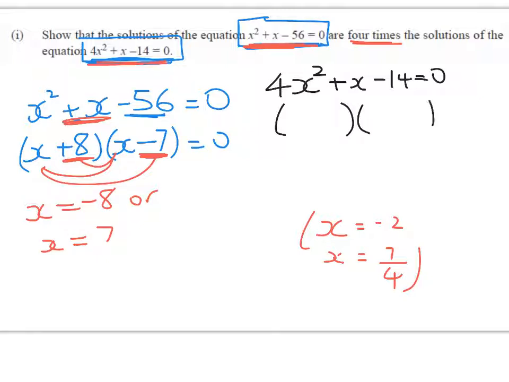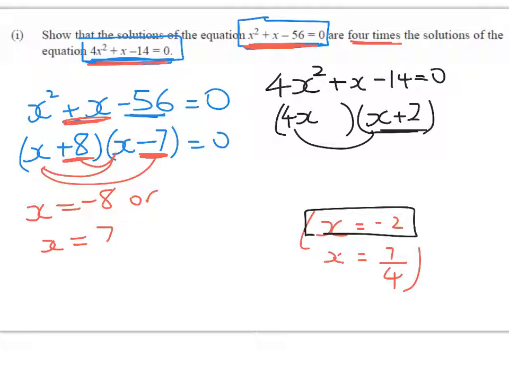Let's see. Well, we know that if one of the solutions is x equals negative 2, then the factor is x plus 2. So let's make this all work. So we're going to have 4x squared. We want to match up to the minus 14, so we're going to have a minus 7 here.